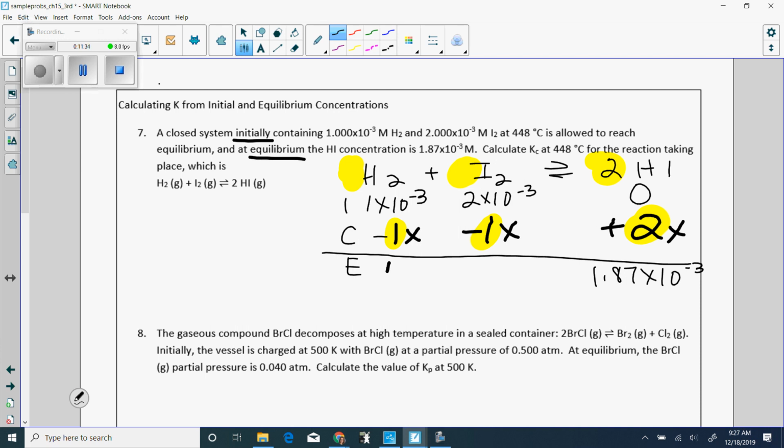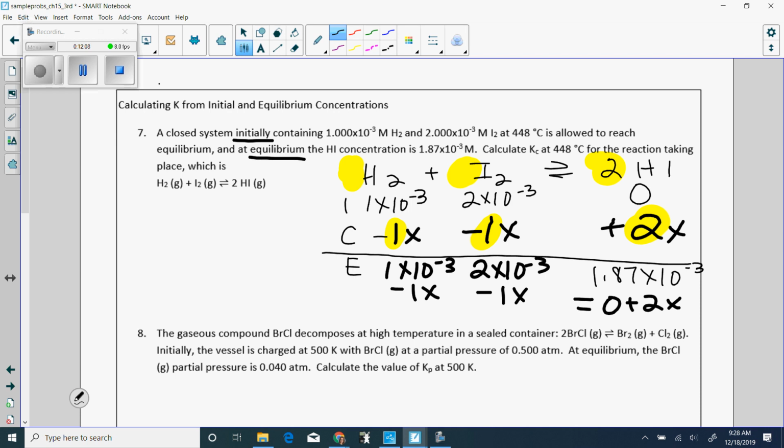So I'm just going to smush those two together. If I start at 1 times 10 to the negative third, and I change at losing 1x, at equilibrium I'm going to have 1 times 10 to the negative third minus 1x. Same here, 2 times 10 to the negative third minus 1x. And same here, 0 plus 2x is going to be at equilibrium.